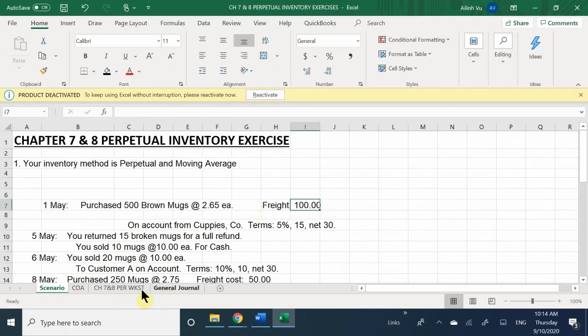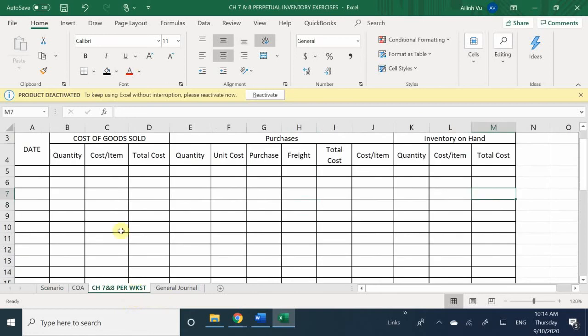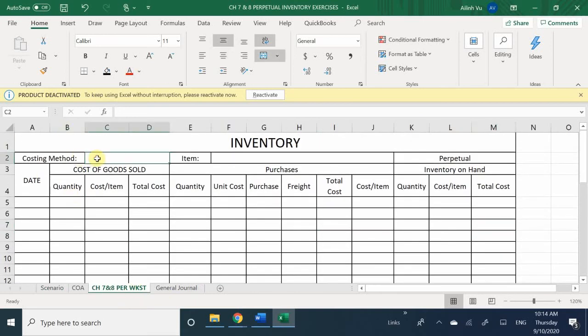So here, I'm going to go into my inventory worksheet. I know that I'm a moving average, so I'm going to indicate that up here. Moving. Just a little friendly reminder. And also, I want to be specific because the items I'm buying are mugs.